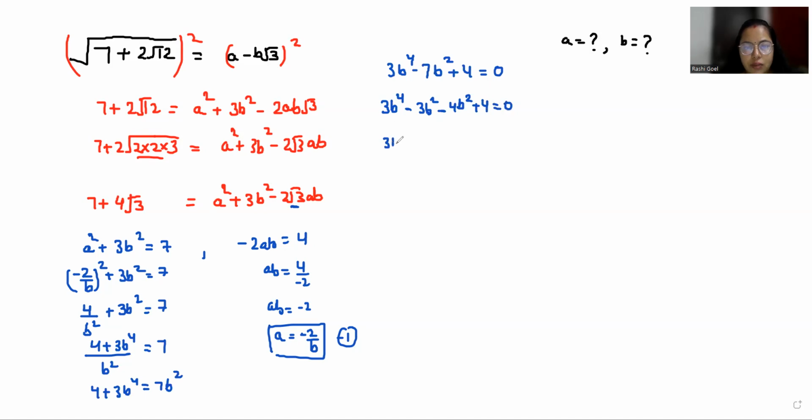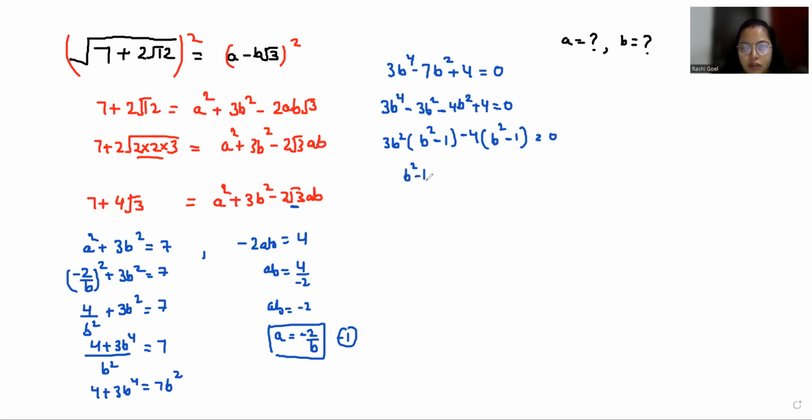So if I take 3b square as common, so 3b square, b square minus 1. And if I take negative 4 as common, so b square minus 1.